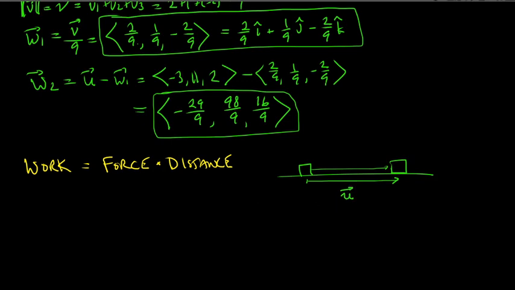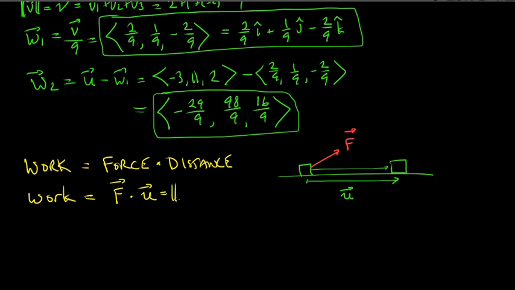But let's suppose the force we're applying is in a different direction. If it's in the same direction, then of course you can apply the simple formula. But let's say the force is in this direction. In this example, if this is the force vector and this is the displacement, then we need a much more general concept. The work will be the force vector dot product with the vector u.